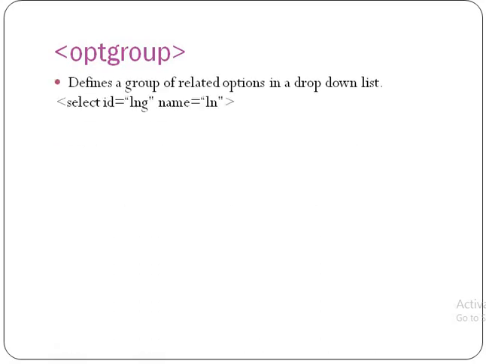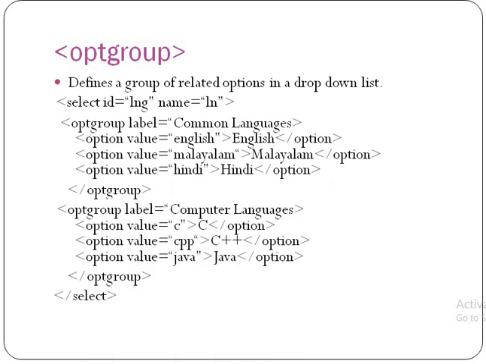Now let us see another element that can be included inside the select element, that is opt group. If you want to add related options inside a drop-down list, you can categorize them into different lists by using the opt group element. So this is how you can define the opt group inside the select tag. So this is meant for creating a drop-down list which contains two categories of languages, that is common languages and another one is computer languages.